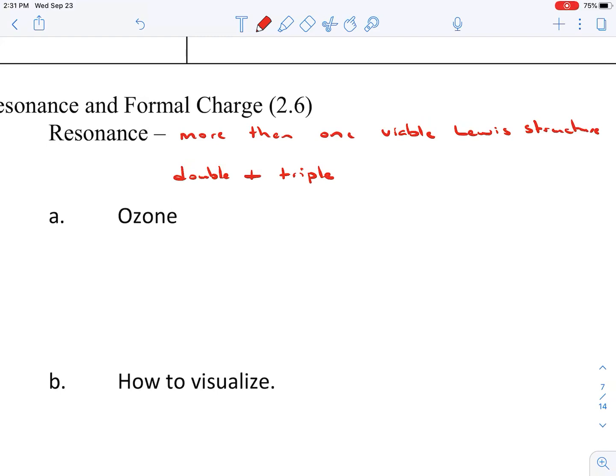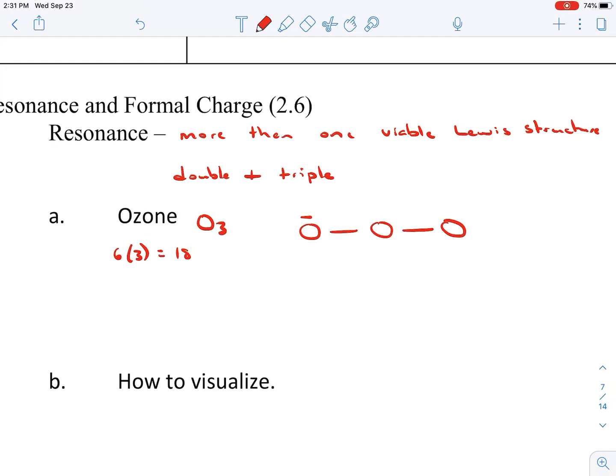Okay, so let's just take a peek at a simple substance that has resonance, and that's ozone. Ozone's formula is O3. We have 6 times 3, which gives us 18. We have to place 18 electrons. So we've got O in the center with some O's around, right? That's our 3 O's. Now if we fill our outer electrons, I'm going to do that by using dashes.